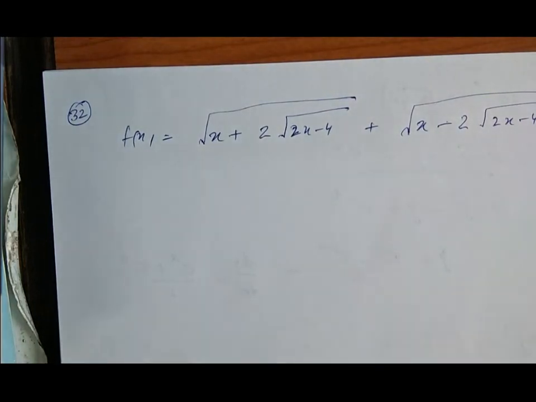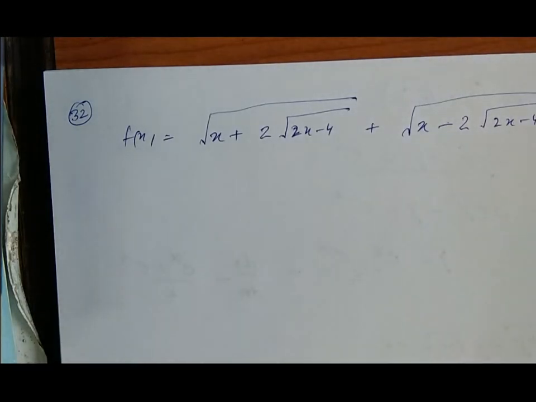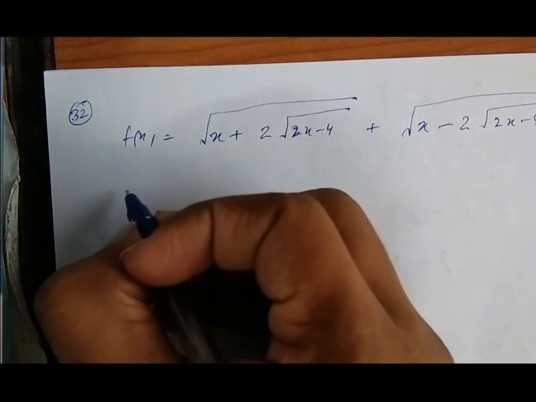We need to calculate value of f dash at 102 positive. So let's calculate.